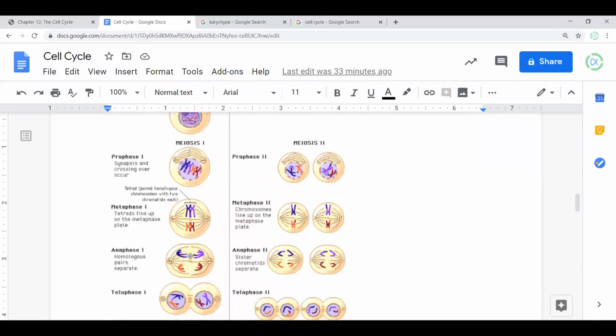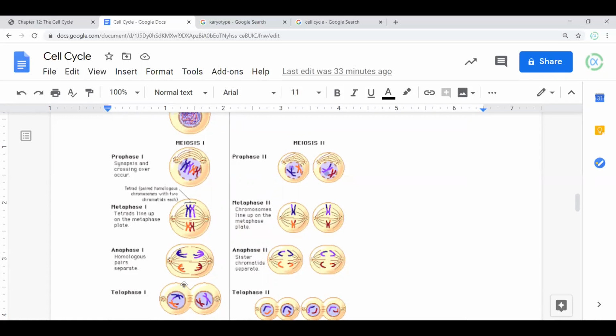What actually happens when they're being pulled apart in anaphase is you can see that they've kind of switched genes, like the orange sister chromatids have actually given a gene to the red one, and the red one has given a gene to the orange one.